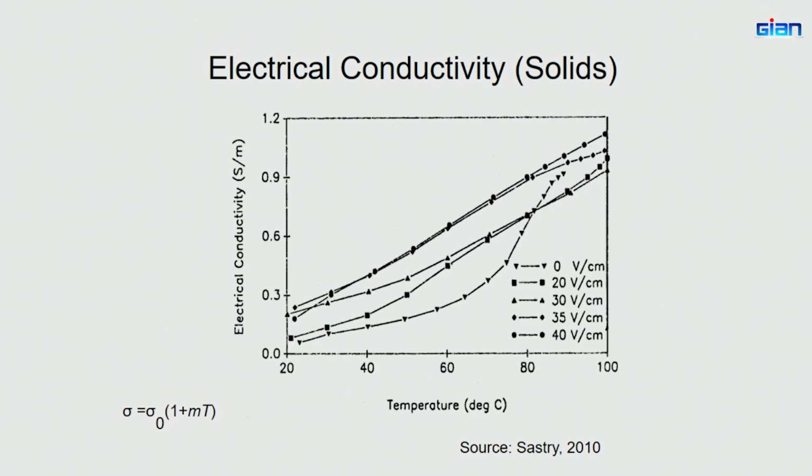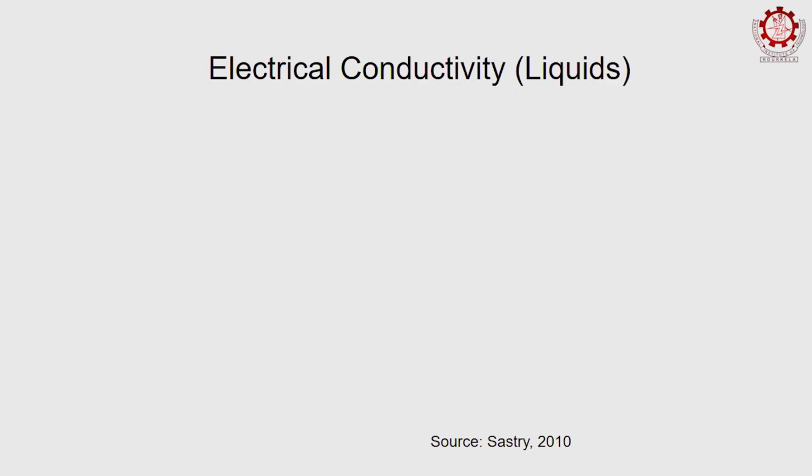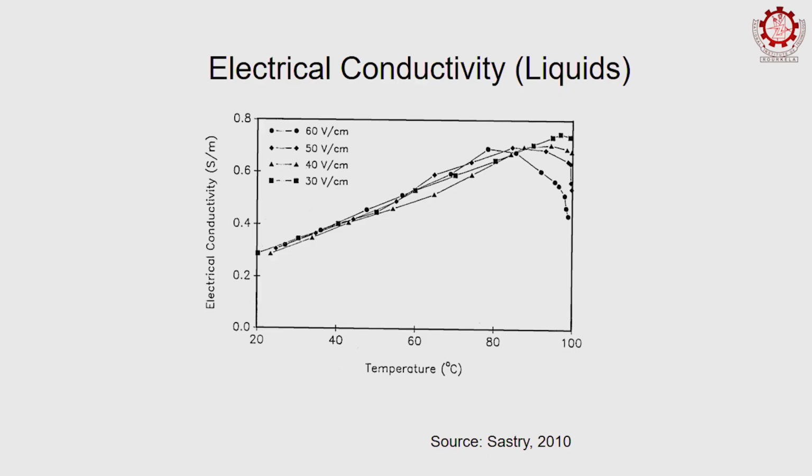This slide shows the electrical conductivity of solids, like pieces of potato, as you change the applied voltage from 0, where no current is passing through, to 40 volts per centimeter, a voltage gradient you can achieve under those conditions. This is showing a liquid, for example orange juice, at different voltage gradients.